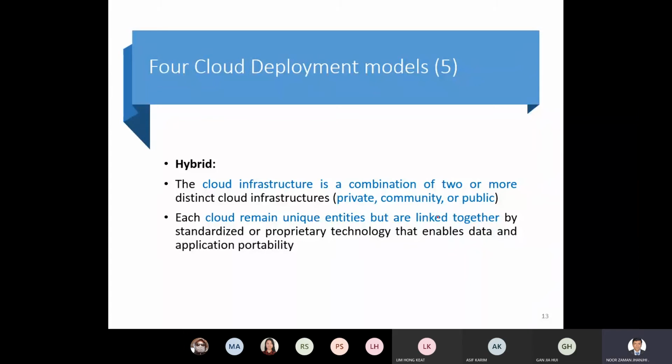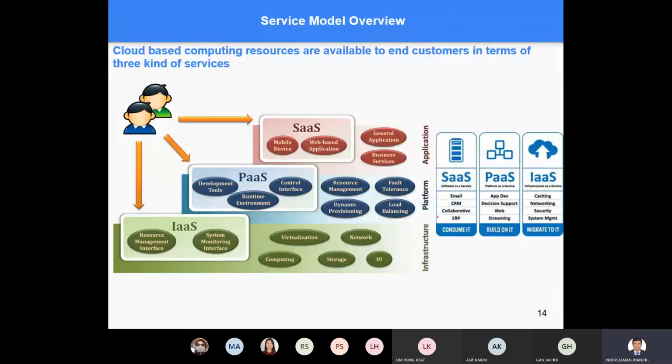Each cloud remains unique with all its entities. What do we mean by entities? Like the essential characteristics and the common characteristics. But then we link them together to get access to multiple resources, for multiple things. This depends on the organization's customized use, and so on.